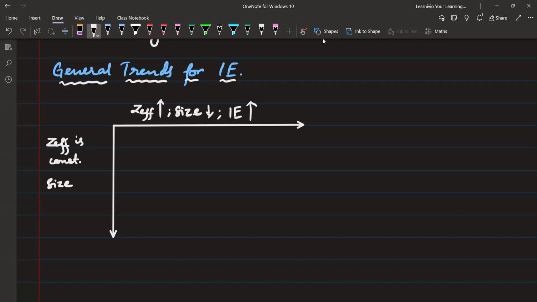Come on, Alina, you have to read. Size increases, so ionization enthalpy decreases. Very good. This is the general trend for ionization enthalpy.